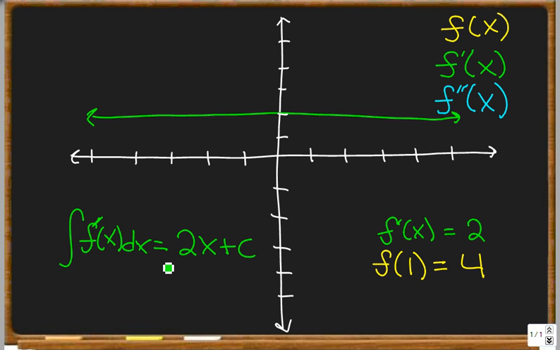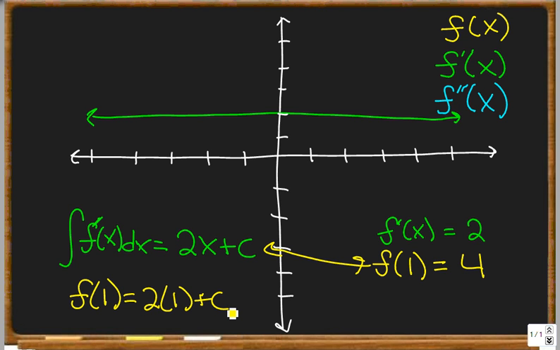Well, now we say, if this is also true, f of 1 is going to be 2 times 1 plus c. And so therefore we know what our c value is.